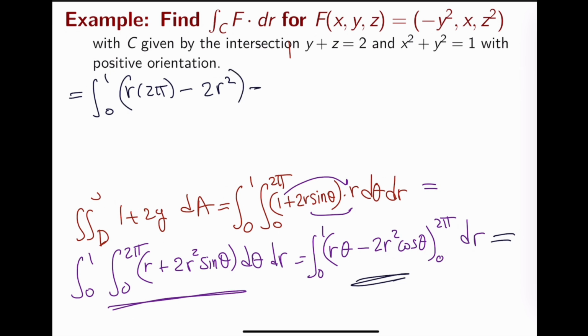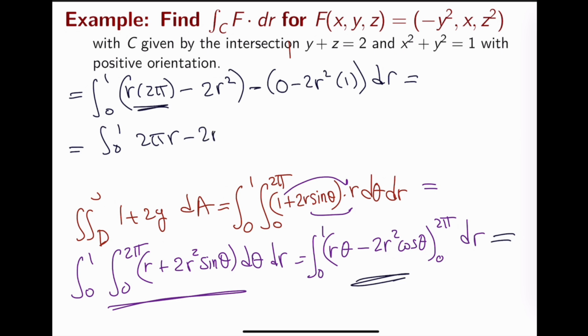And then evaluated at 0, we will get cosine of 0, which is 1. We simplify this. This is 2 pi r minus 2r squared, minus minus is plus 2r squared.